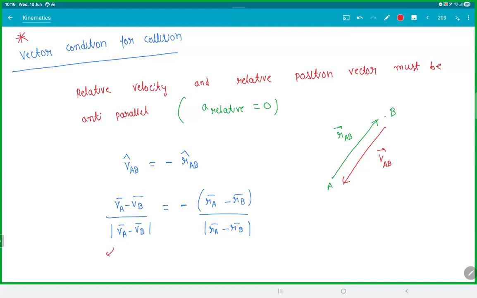This is the direction of relative velocity in unit vector, and that is the unit vector along this. So the negative sign indicates that if both are in the same direction, the distance will keep increasing. This is the vector form for two particles to collide in 3D. Negative sign indicates AB is decreasing.